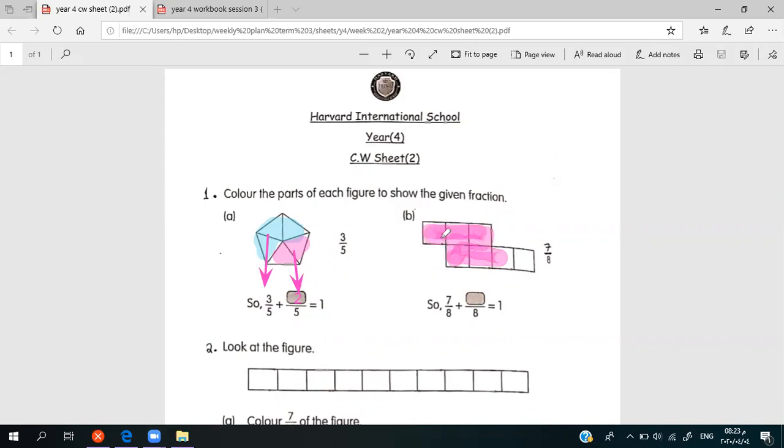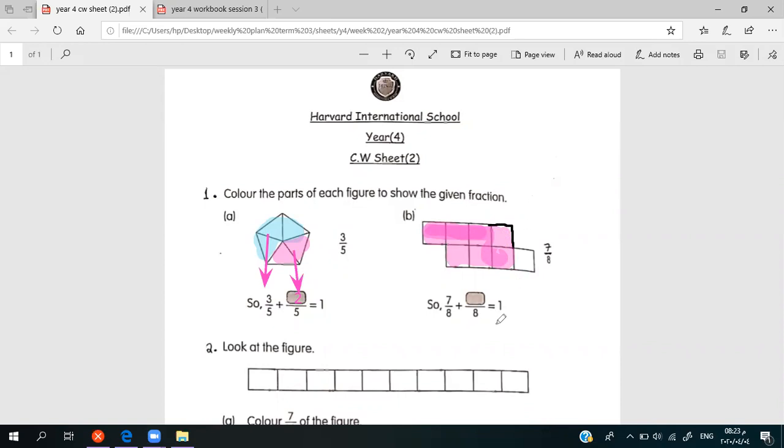I'll try to edit. Okay, like that, for example. So like that, I colored 7 from the 8.